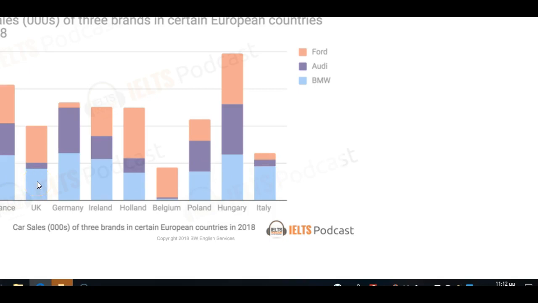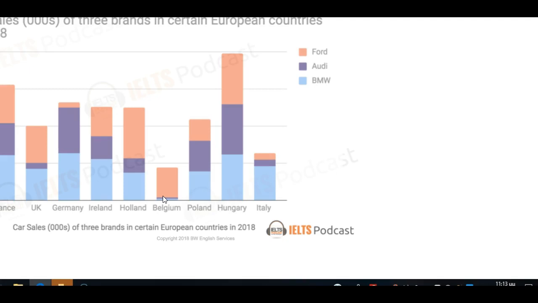Okay, their figures for BMW and Audi are identical, and they only differ in terms of Ford. The real odd one in the bunch is Belgium, that has a similar figure with UK, as far as Ford is concerned, but like negligible numbers for Audi and BMW. So that's how I would have organized this.